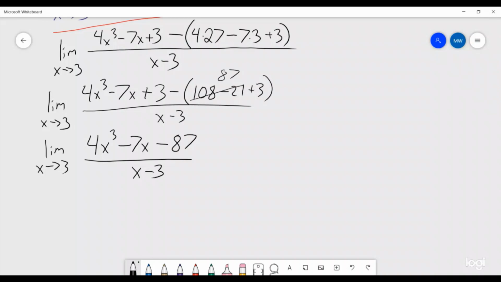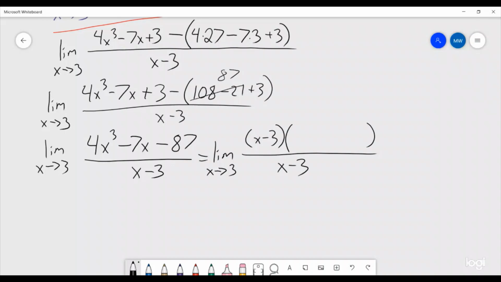This is going to be a bit tricky because we have to somehow factor x minus 3 out of the top. So we hope that we'll be able to get, this is the limit as x goes to 3 of x minus 3 times something all over x minus 3. Well, let's pretend that we know it's going to work, and it should. So let's hope that it is going to end up working out.